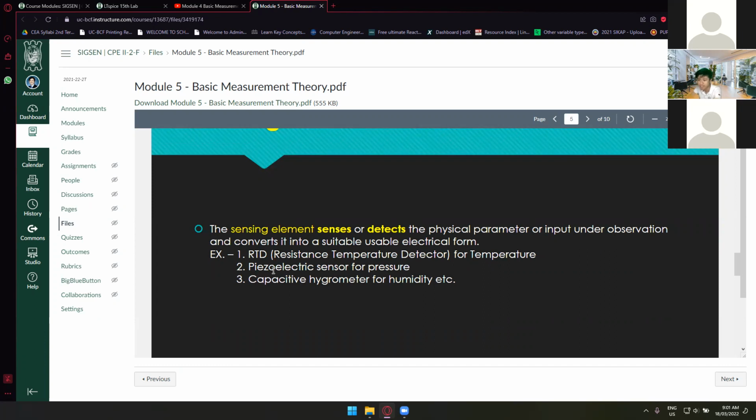We also have the piezoelectric sensor, from pressure into, again, a certain number. And we also have the capacitive hygrometer for humidity, which will give you a number, or an output that you are expecting.